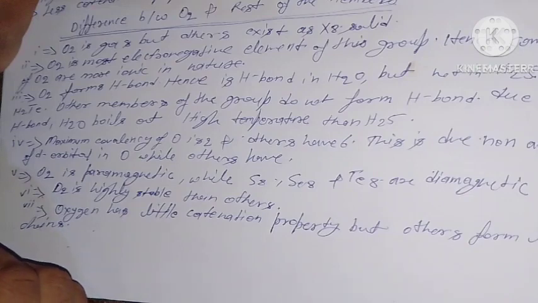Sulfur has pronounced catenation property as in H2SnO6, n equal to 2 to 6.